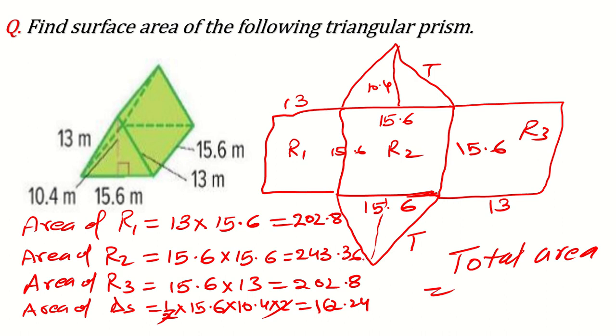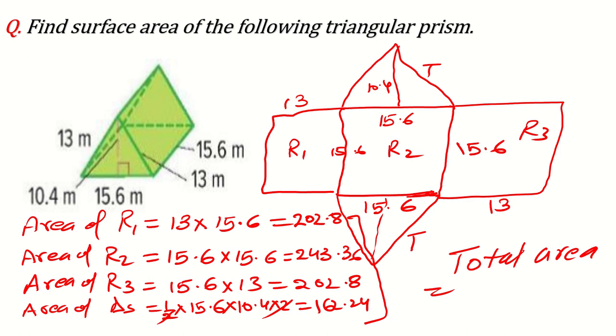Just add all these numbers. Okay, what answers you have got here? You just add them all. So I'm adding all the numbers. 162.24 plus 202.8 plus 243.36 plus 202.8.